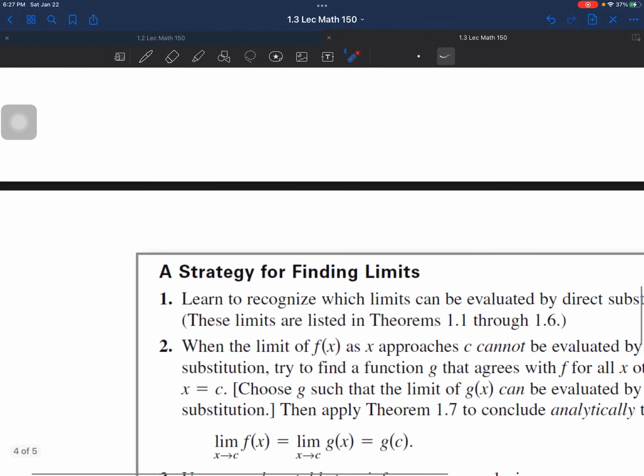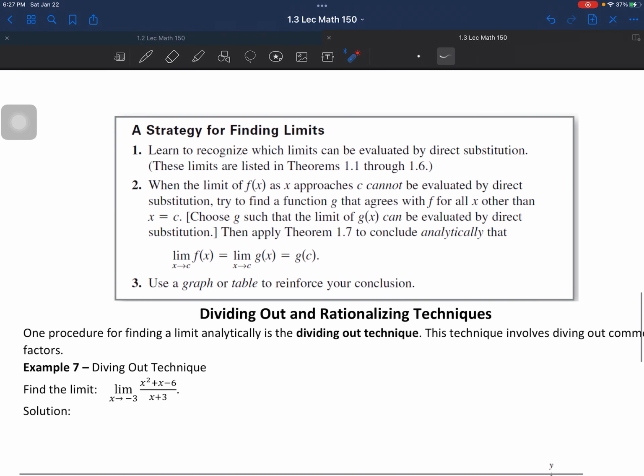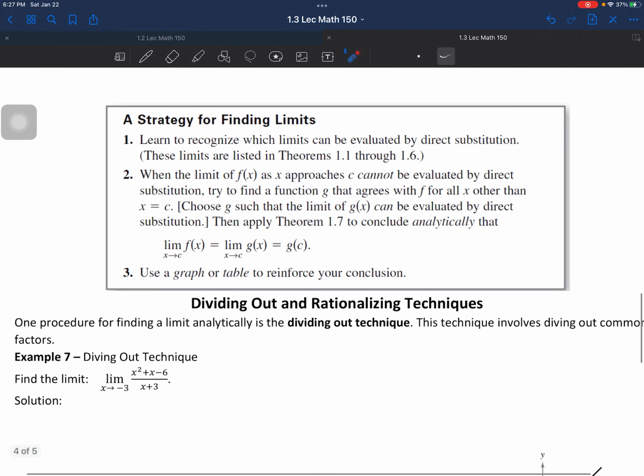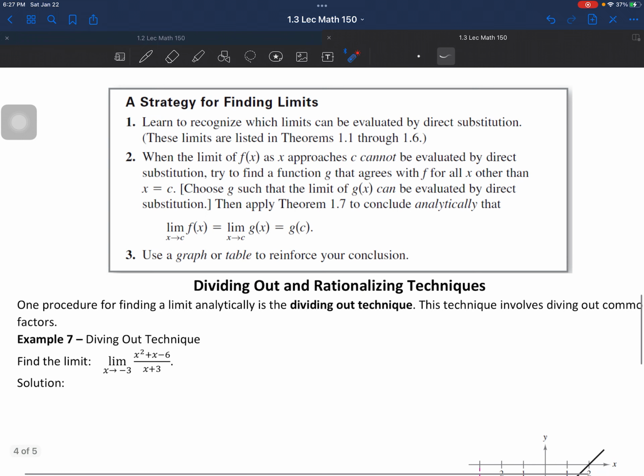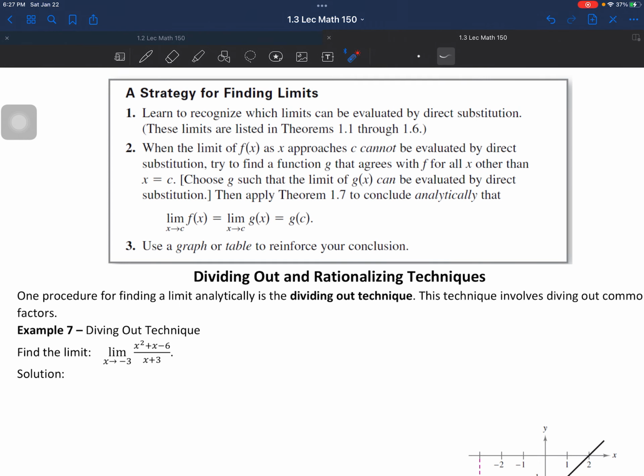And now you will see me doing those techniques a few times. So here's a quick summary of the strategy we'll be using. We start by first learning how to recognize which limits we can evaluate by direct substitution, which we should try every single time. Then, when the limit of f of x as x approaches c cannot be evaluated by direct substitution, we'll try to find a function g that agrees with f at all values of x other than x equals c.